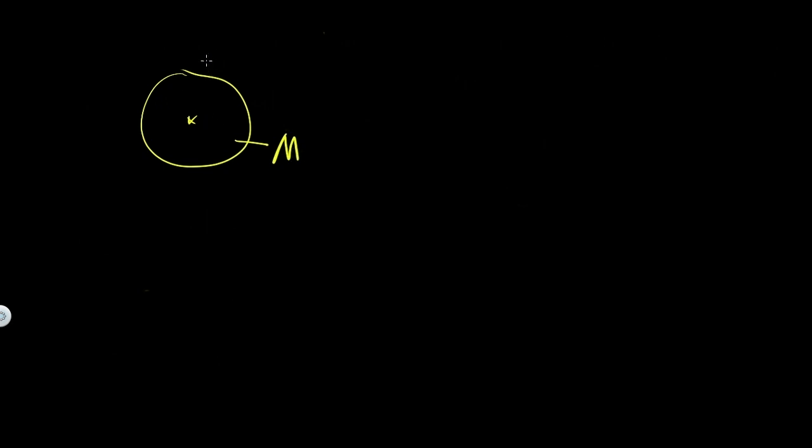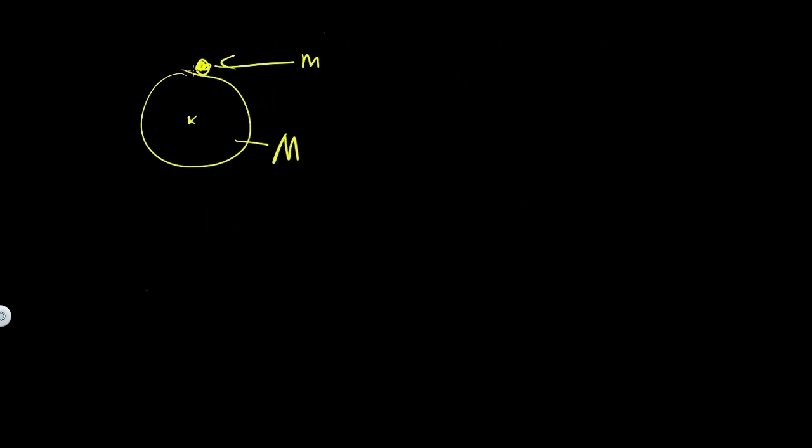Then let's say we have an object placed on the surface of the Earth, and the mass of this object is equal to m. So what is the state of motion when any object is placed on the surface of Earth?